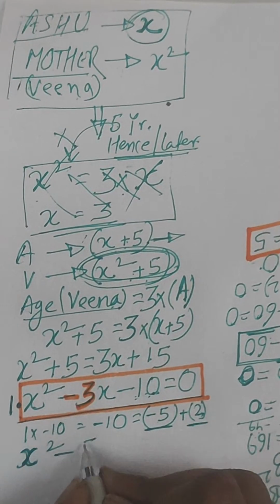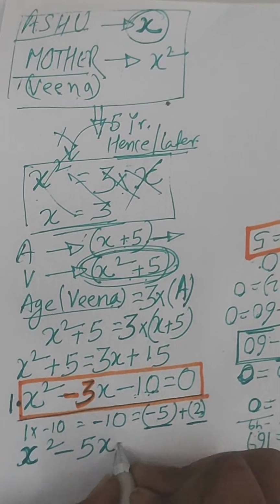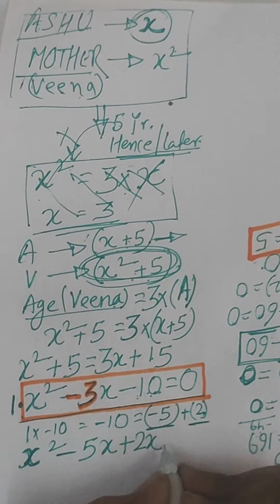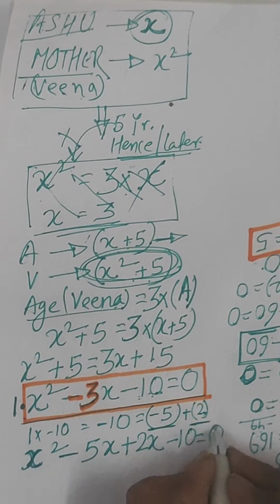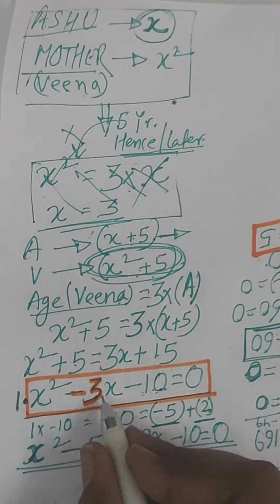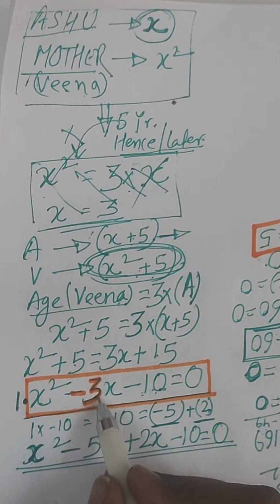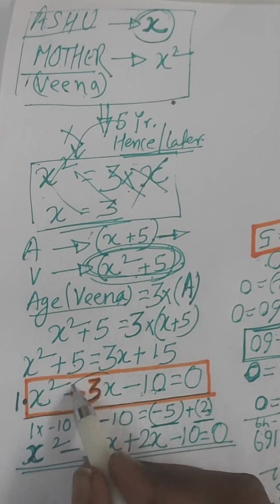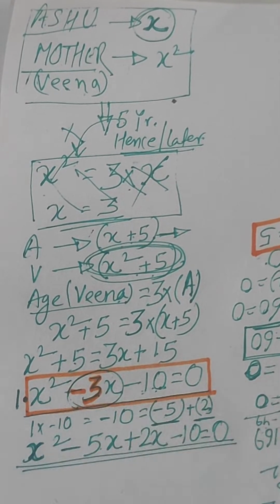So x square minus 5x plus 2x minus 10 is equal to 0, right? This will be the step after splitting the middle term minus 3x, right?